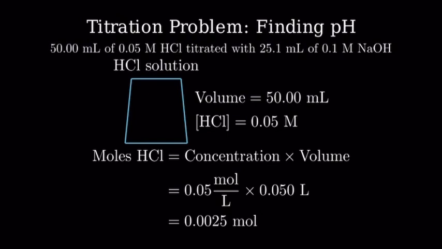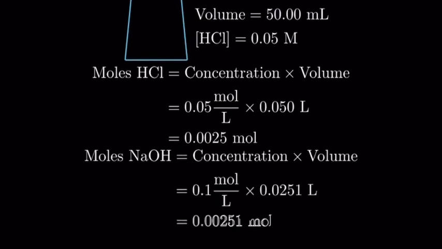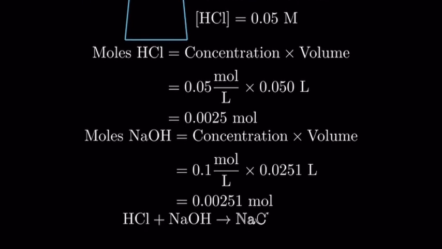Next, let's calculate the moles of sodium hydroxide added. Using the same equation, we multiply 0.1 molar by 0.0251 liters, giving us 0.00251 moles of sodium hydroxide. When these solutions mix, hydrochloric acid and sodium hydroxide react in a 1-to-1 ratio. The balanced equation is HCl plus NaOH yields NaCl plus H2O.